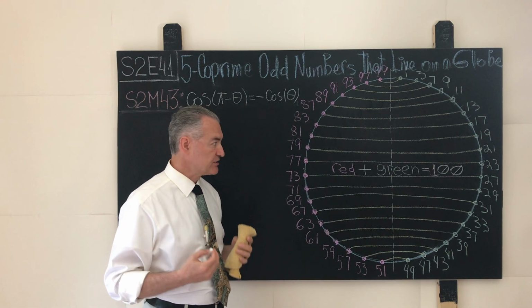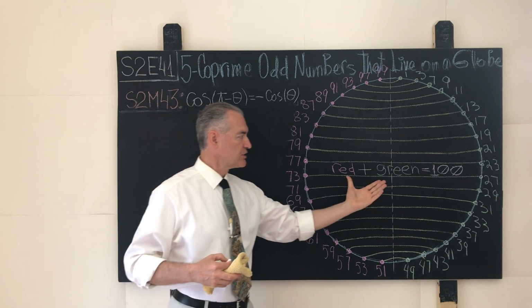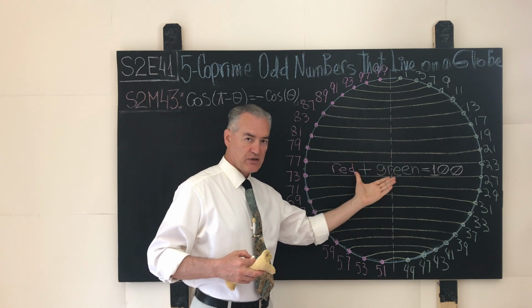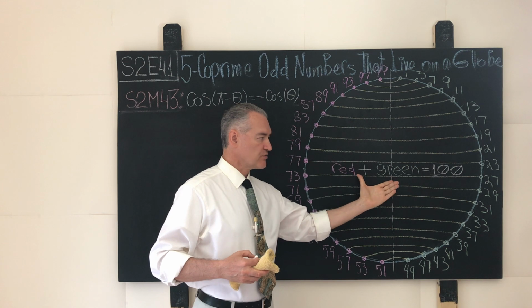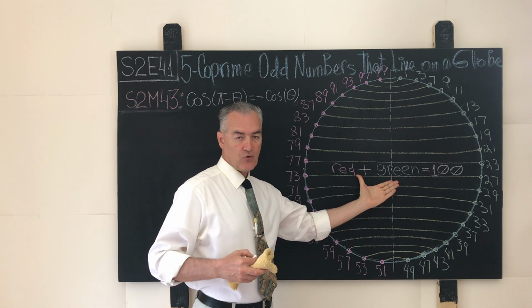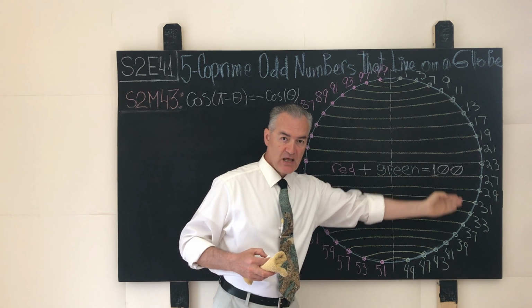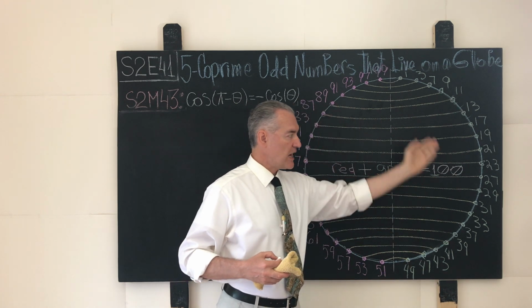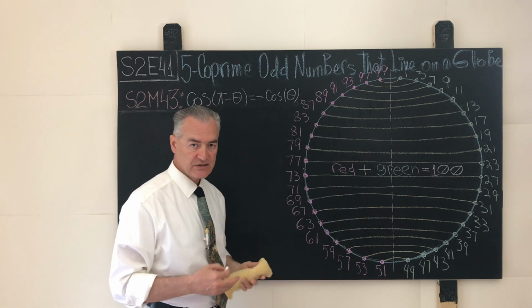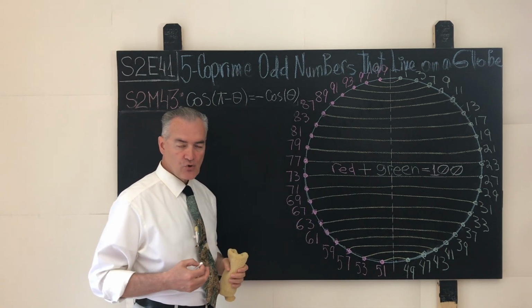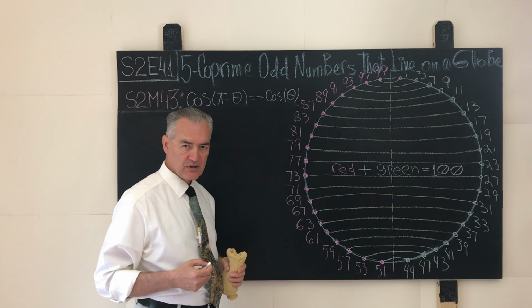This is our design, this is our choice. In other words, in every such pair, one red, one green number that live on the same parallel, these numbers sum to 100.